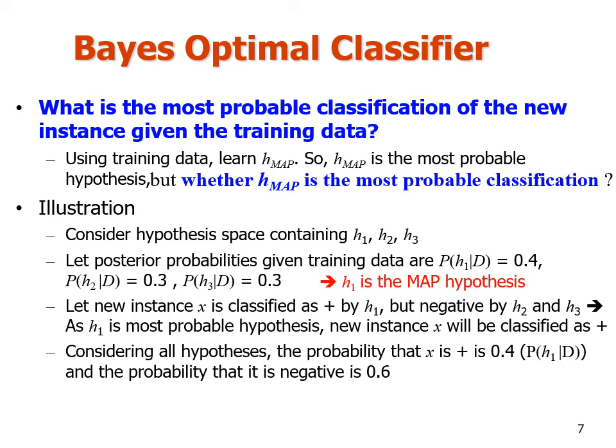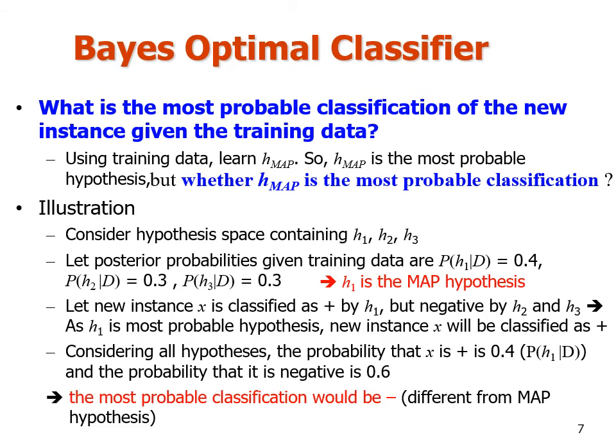Because two hypotheses classify it as negative, so the probability of H2 given D plus the probability of H3 given D is 0.3 plus 0.3, equal to 0.6. So the most probable classification would be negative, which is different from the MAP hypothesis.